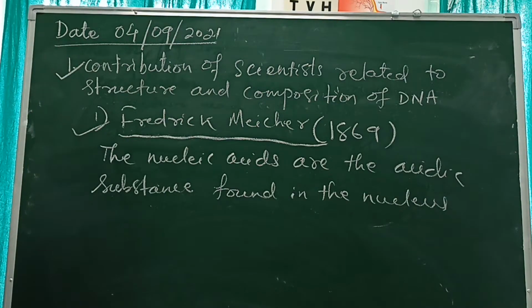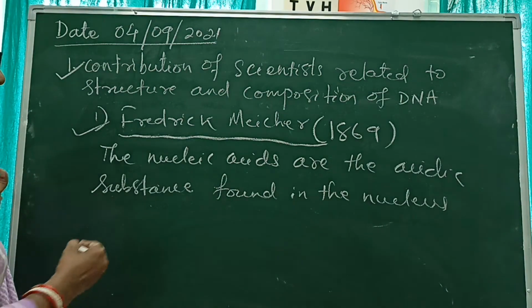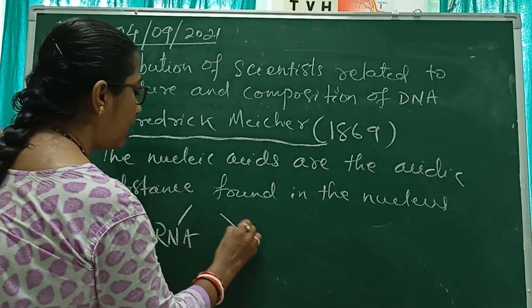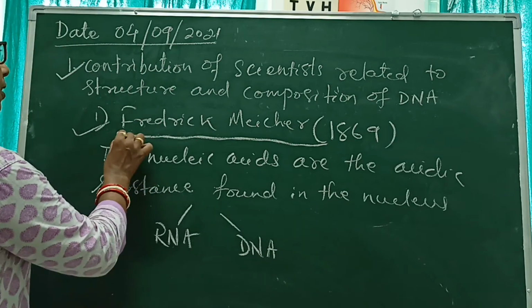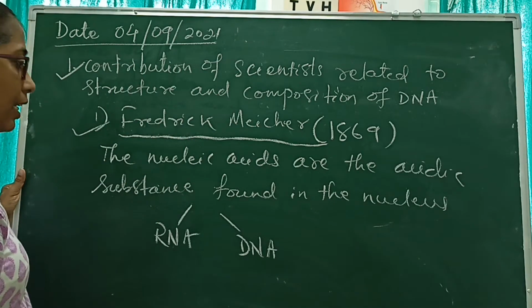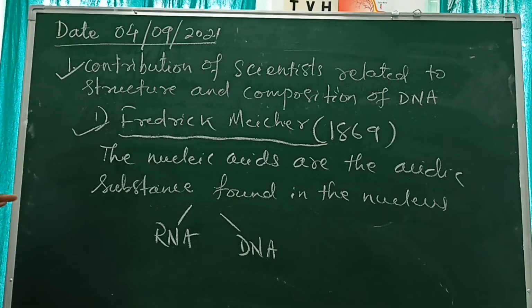Okay, so that's why they are known as nucleic acid, and as you know the nucleic acids are of two types, that is RNA and DNA. So they were first identified by F. Miescher in the nucleus and they were acidic in nature. That's why they are known as nucleic acid.